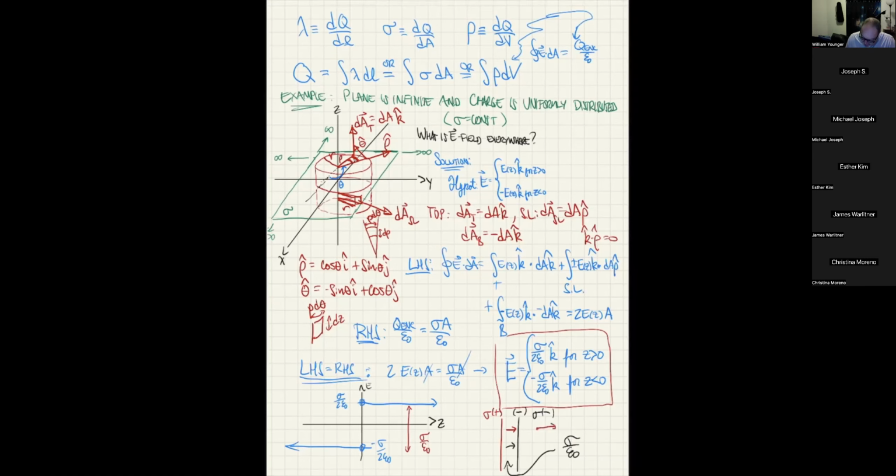What about a positive charge over here, but this time just due to the negative plate? To the left? Exactly. So out here you get E equals 0.